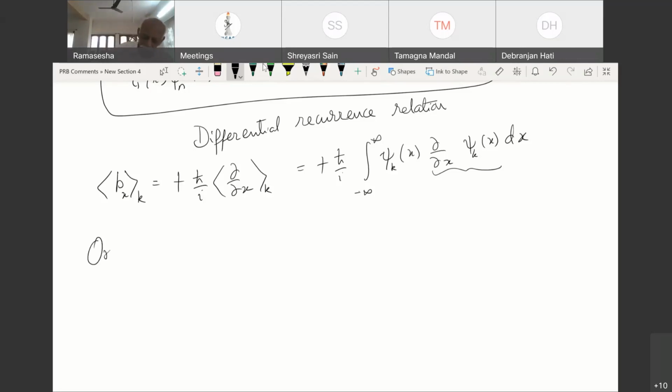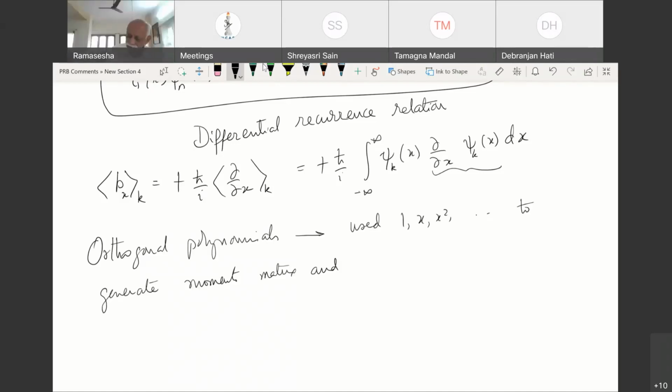So in the case of orthogonal polynomials, we used x squared, etc., to generate and obtain the orthogonal polynomials, using the moments. And then we had a three-term recurrence relationship.